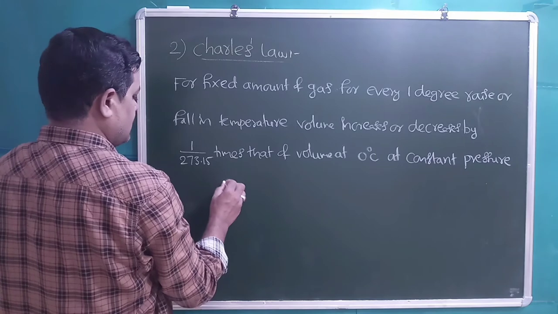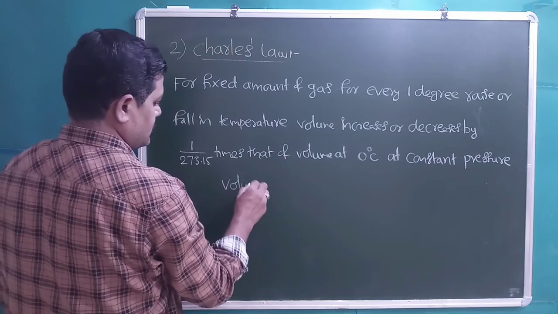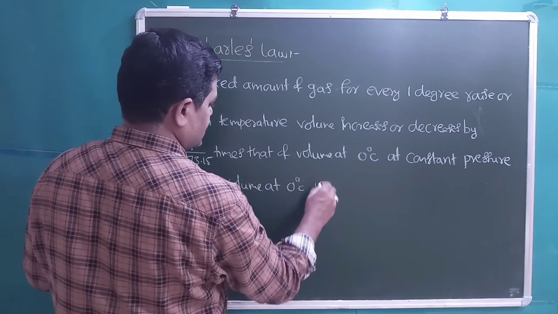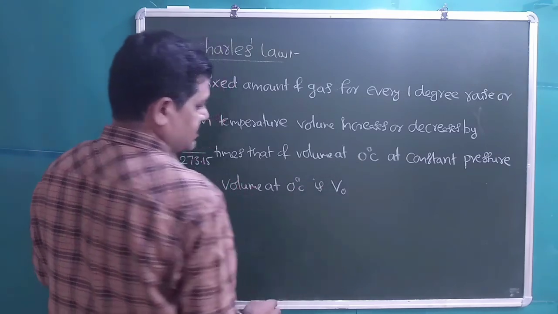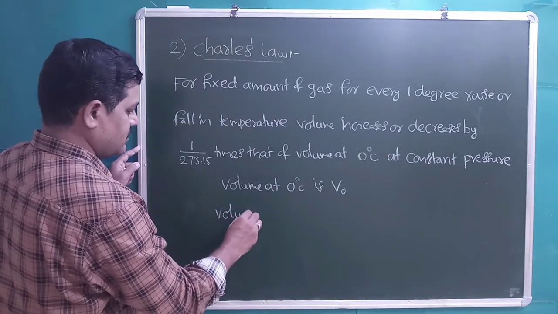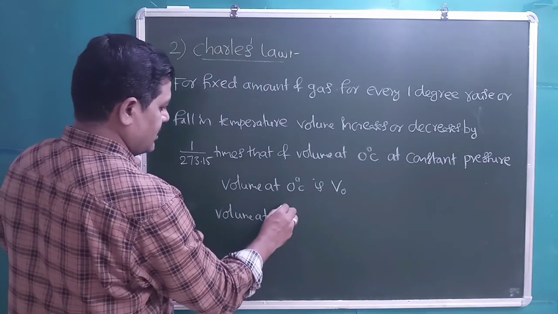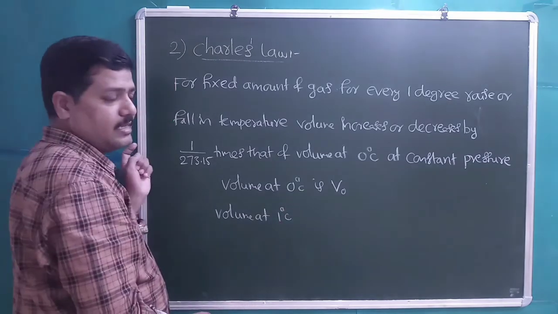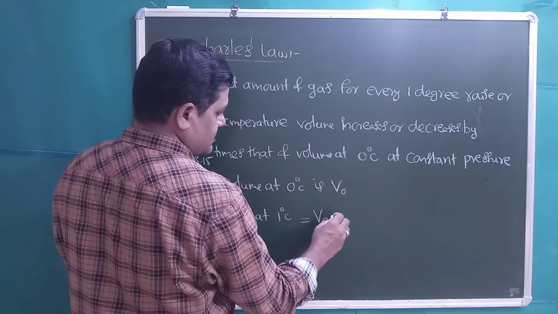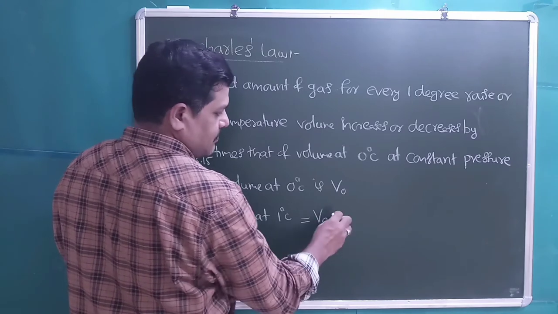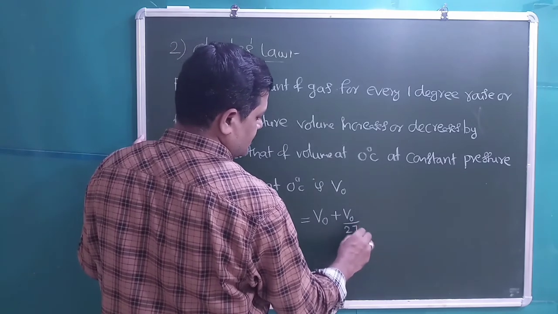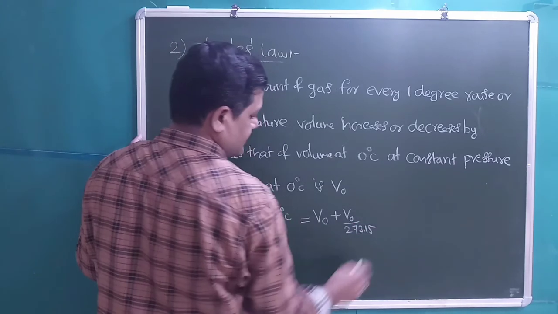Let us assume that volume at 0 degrees Celsius is V naught. Then volume at 1 degree Celsius is V naught plus V naught divided by 273.15.